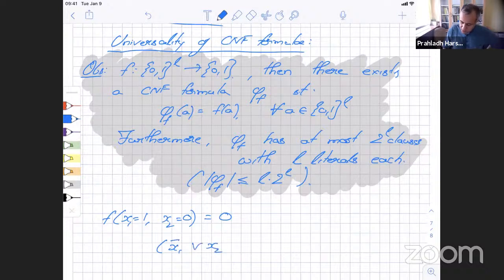This clause is 0 exactly when x1 is 1 and x2 is 0, which makes the clause unsatisfied. So for every violating assignment, one that causes f to go to 0, you put in a clause. Therefore, there are at most 2 to the L clauses, and each clause has exactly L literals.